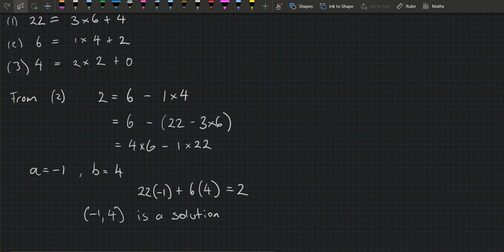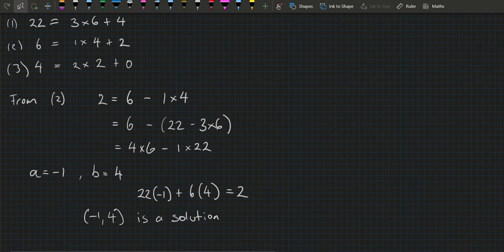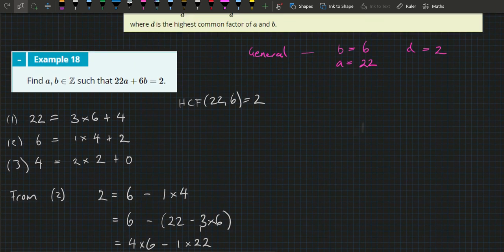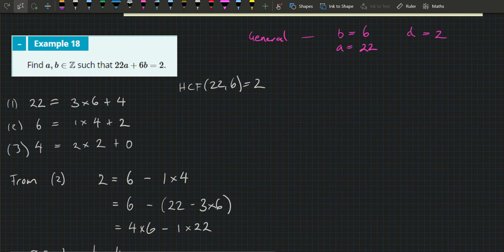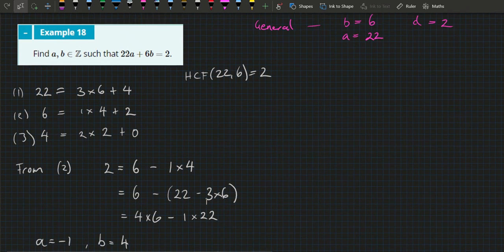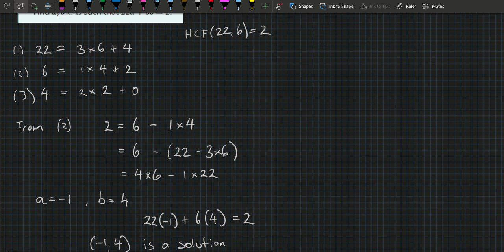And let's go back up here. The general solution, let's not forget, is that from now on all A's will equal A naught.